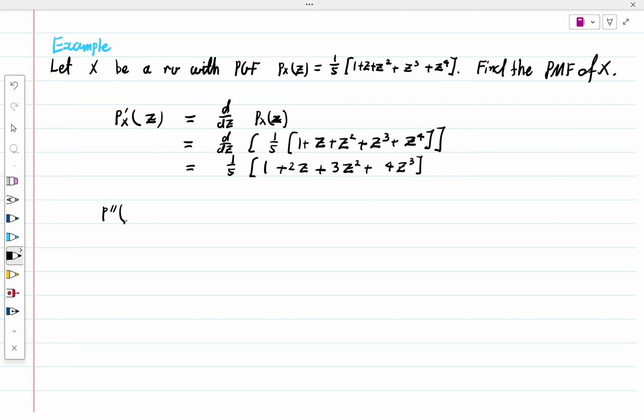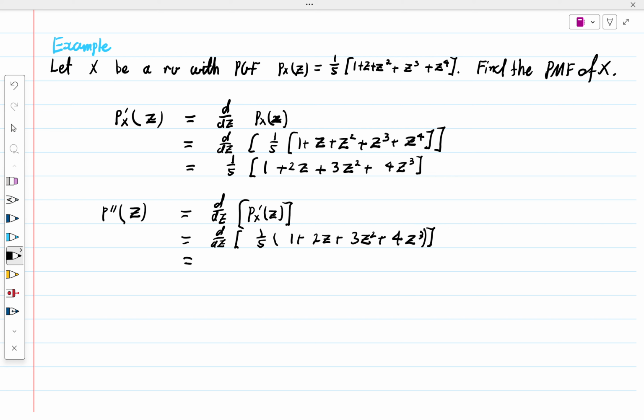In a similar fashion, we can evaluate the second derivative of the function. That is just the derivative of the first derivative. Then that becomes d/dz of 1/5 times (1 plus 2z plus 3z squared plus 4z cubed). Again, we're taking a derivative of a constant times a function, so the constant out the front can simply stay out the front. The derivative of 1 becomes 0.